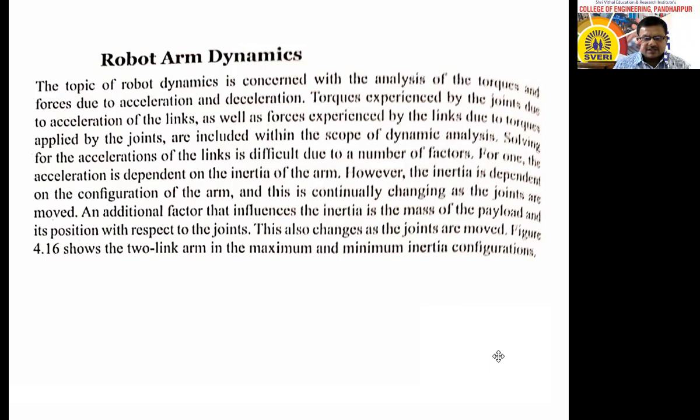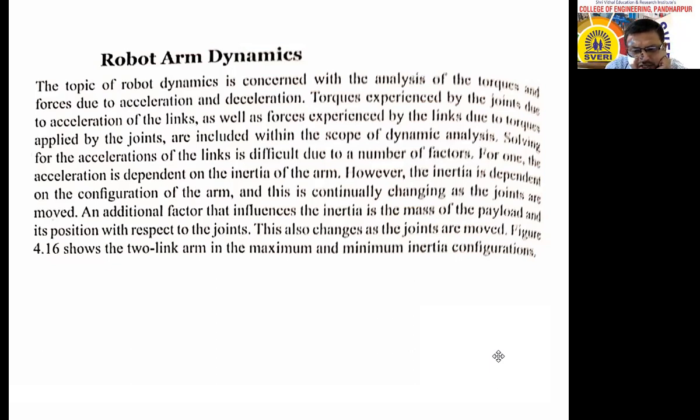the acceleration is dependent on the inertia of the arm. However, the inertia is dependent on the arm configuration, which changes as the joints are moved. An additional factor that influences the inertia is the mass of the payload and its position with respect to the joints.